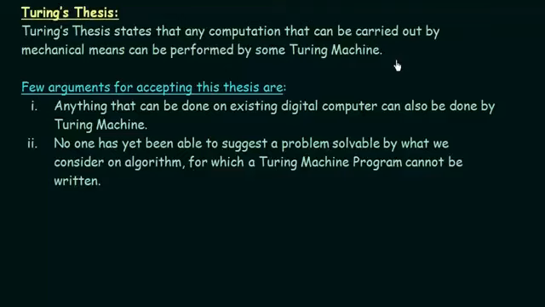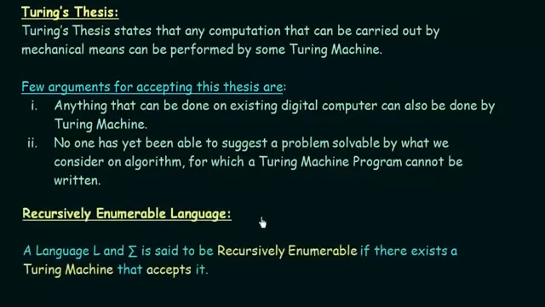Now let us see what languages can be accepted by a Turing machine. The languages that can be accepted by a Turing machine are known as recursively enumerable languages. I have discussed this even during the introduction, and it says that a language L over a set of input symbols sigma is said to be recursively enumerable if there exists a Turing machine that accepts it.